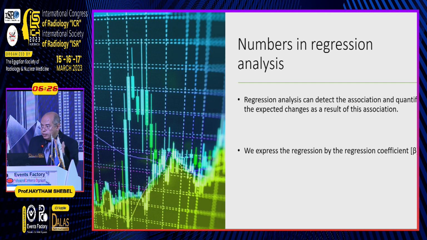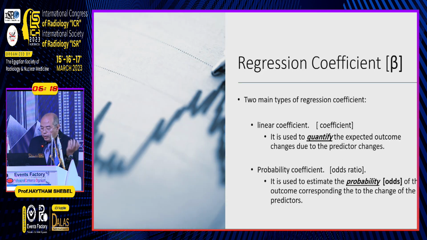And also we have a regression coefficient. It quantifies the expected outcome, and we have two types of regression, what we call linear regression and logistic regression. The linear regression gives predicted values, predicted numbers. However, the logistic regression gives predicted percentage, predicted probability.